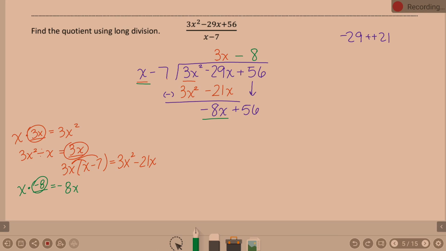Put it above the 56 in your answer area. And that's above its like term, yes? Take negative 8 and multiply. Negative 8 times x is negative 8x. Negative 8 times negative 7 plus 56. Okay.